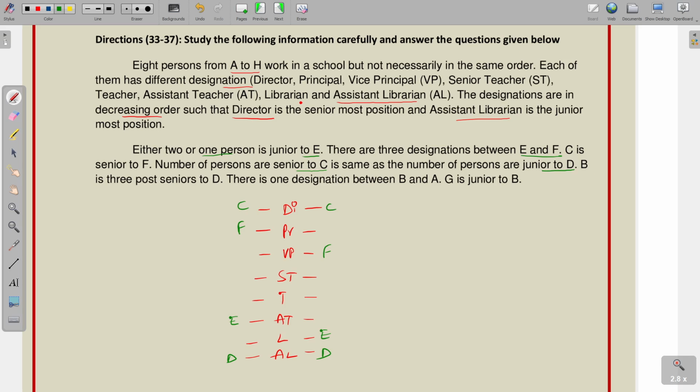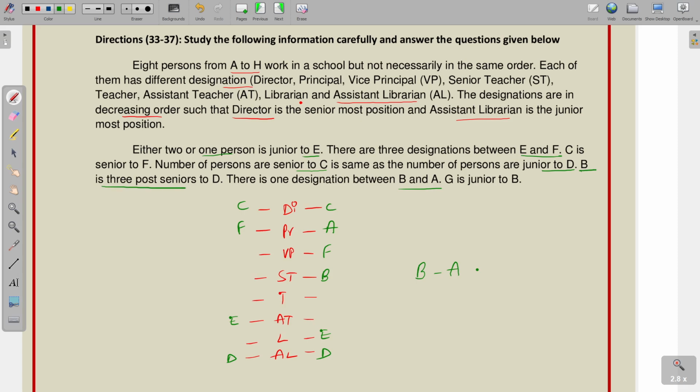And next, there is one designation between B and A, and G is junior to B. Suppose I place A here and B is coming here. One more point is there.